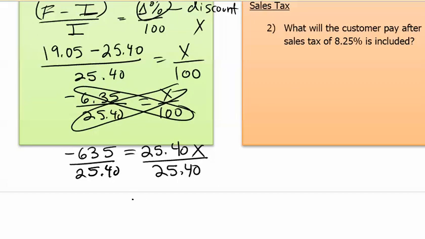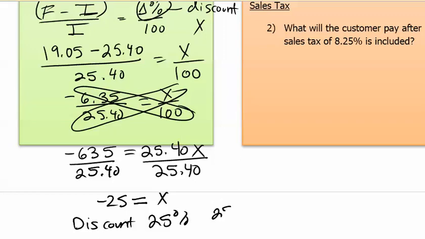What I got is negative 25, so the discount is 25%. You could say the price went down 25%, or it's decreased by 25% in brackets, meaning it's in the red. So it's a decrease.